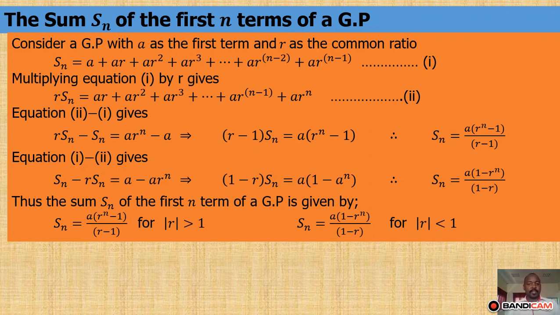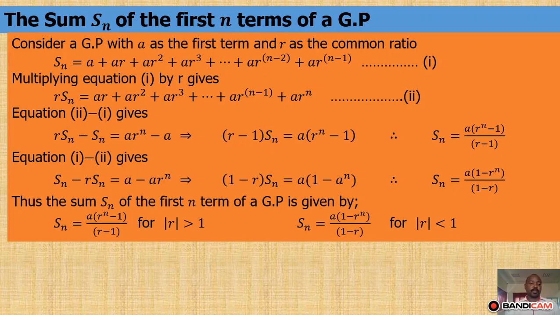Equation 2 minus equation 1 gives rSn minus Sn equals ar^n minus a. So this means that (r minus 1)Sn equals a(r^n minus 1). And making Sn the subject, we have Sn equals a(r^n minus 1) over r minus 1.